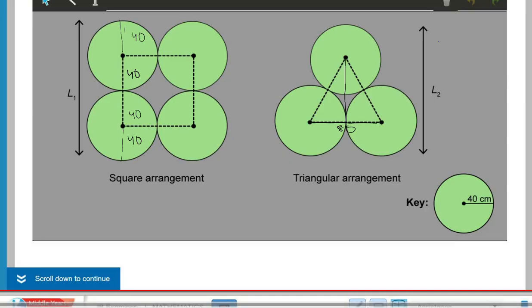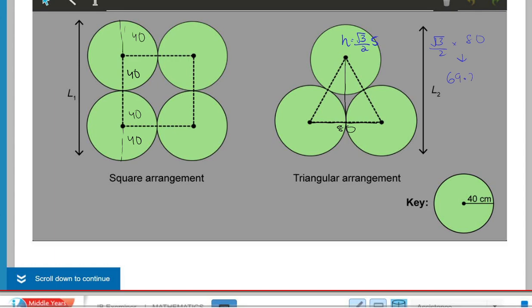It's given by the formula h equals root 3 over 2 times s. But usually these types of questions are not really prevalent, so it's not usually taught a lot. So h equals root 3 over 2 times s. If you were to substitute it, you would get root 3 over 2 multiplied by 80, which gives us an answer of 69.28.